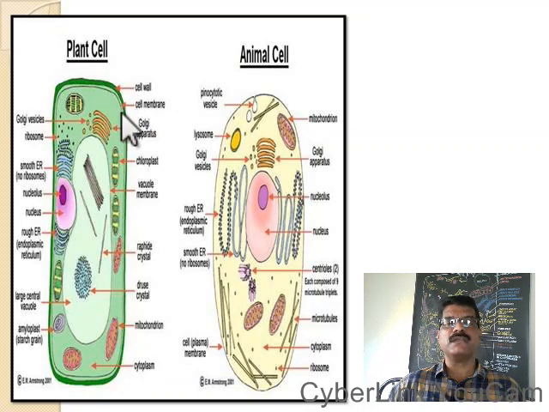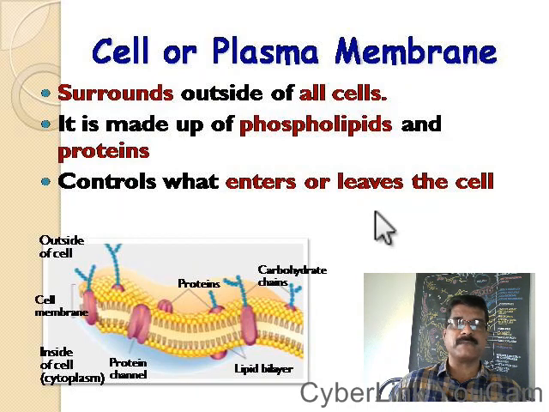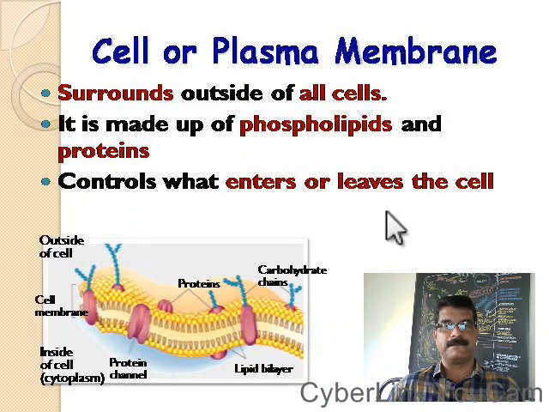Next to the cell wall you can see the second layer, which is the plasma membrane or the cell membrane. See, the cell membrane or the plasma membrane is known as a selectively permeable membrane or semi-permeable membrane, because the cell membrane controls the entry and exit of the particles, which will allow only certain particles to move inside as well as to move outside.